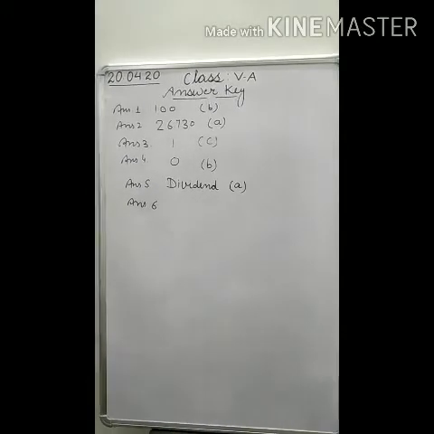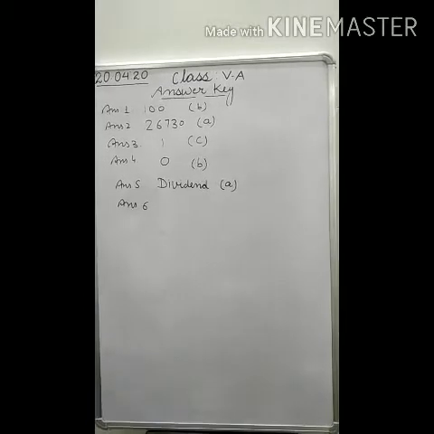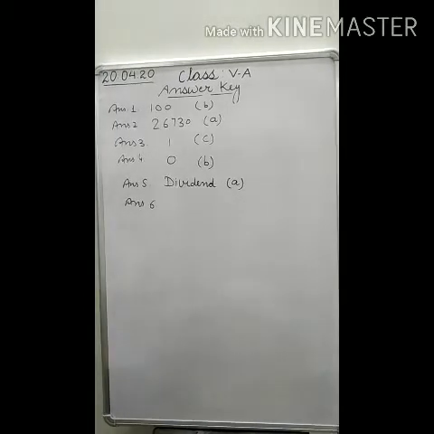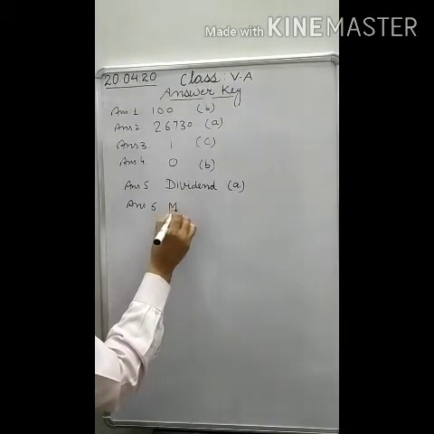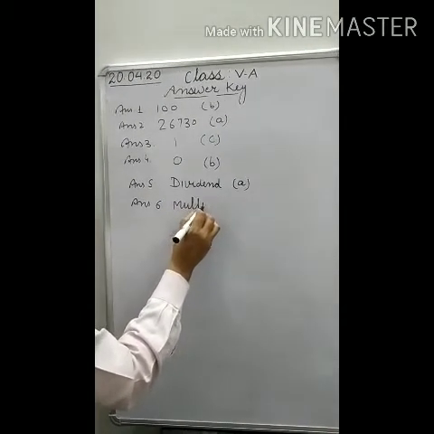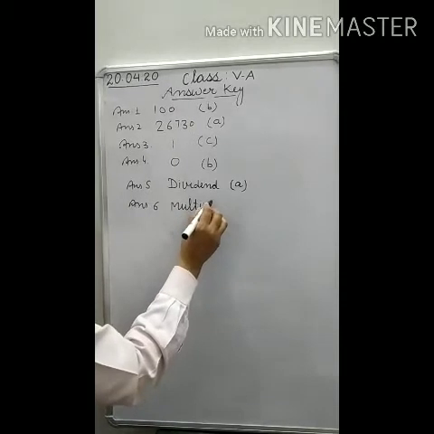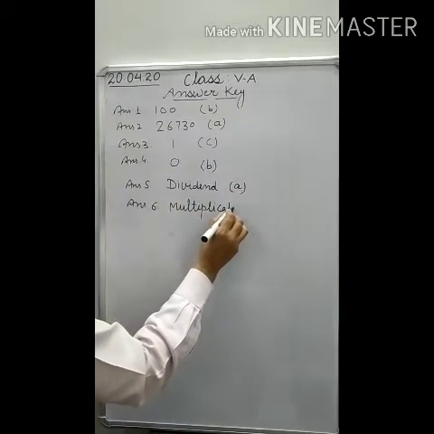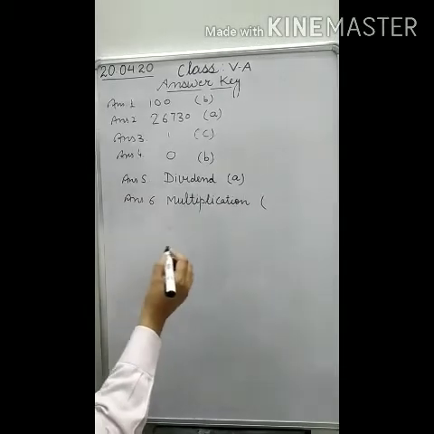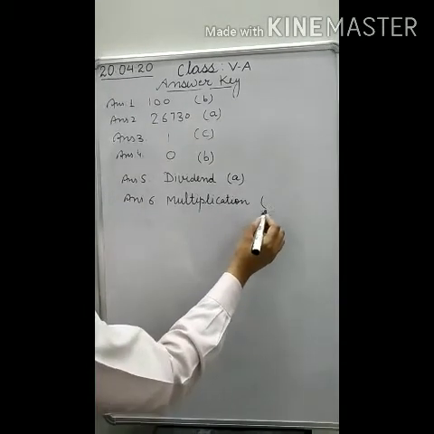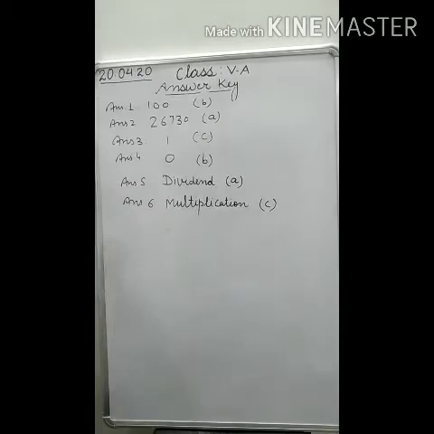So here we have to give the answer for M. So M stands for what? It stands for multiplication. So your answer will be multiplication, and your option will be C. This is the option for that.